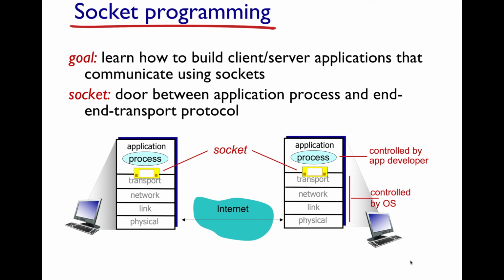But from the standpoint of the application, you write a piece of information into the socket to send information, and you read from the socket to receive information. And so the socket gives the communicating processes at the endpoints on the end hosts at the edges of the network the illusion that they're communicating directly.